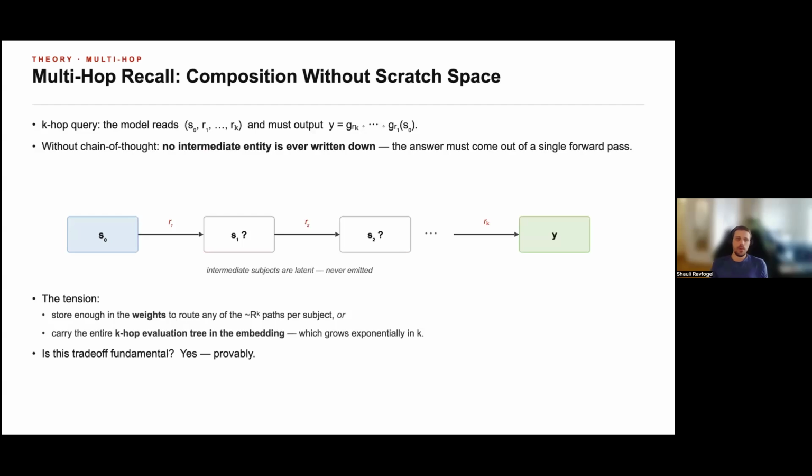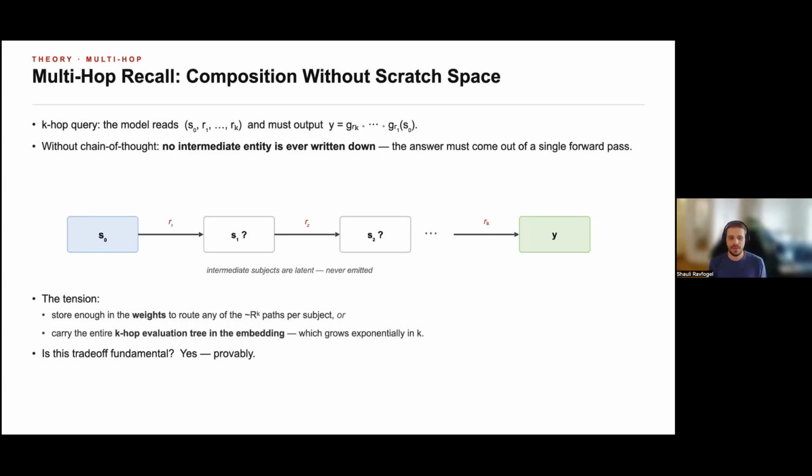Okay. So this was mainly about the single-op setting. Now, what can we do when we generalize to the multi-op factual recall setting? We're going to have a k-op query as some subject S and then k relations, and we want to be able to output the composition applied to a particular subject S. And we're going to present a lower bound argument. If we do not have access to chain of thought, the model has to zero-shot compose the k relations and return the answer.